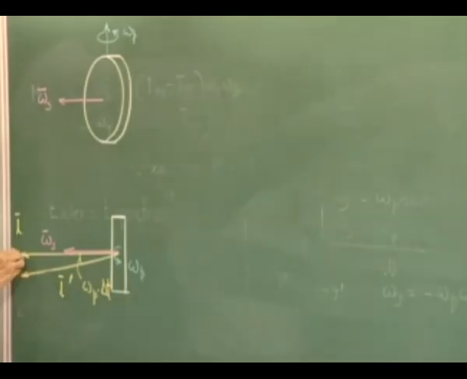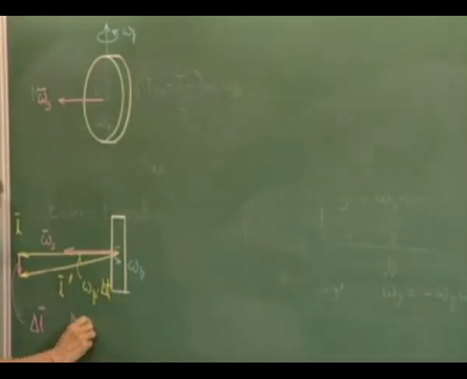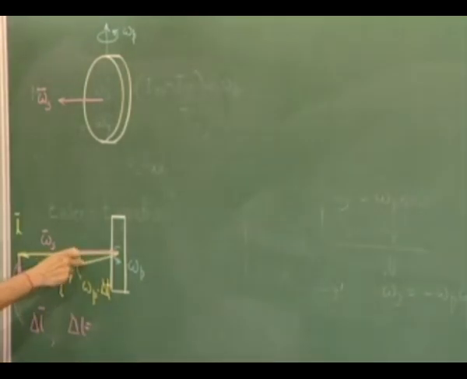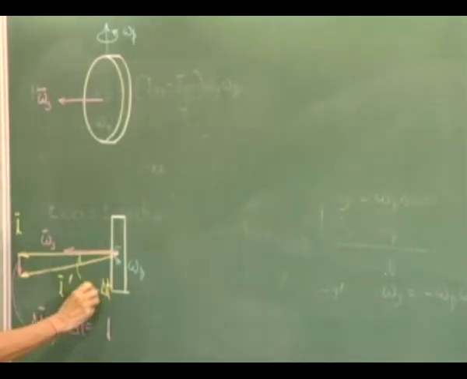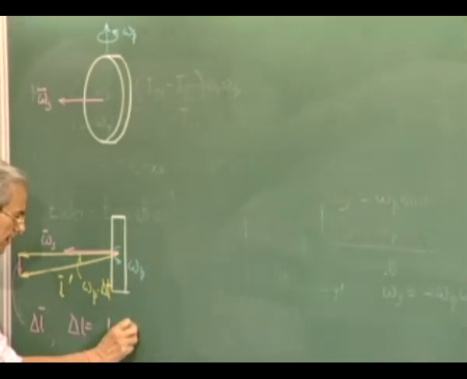What is this? This is the change in angular momentum, because original angular momentum plus the change makes the new angular momentum. So this is the change in angular momentum. And how much is this? The magnitude of this is this length into this angle. This length is L, and this angle is omega p delta t.